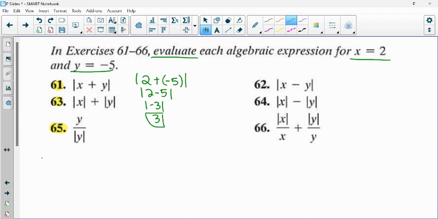I'll do 63 over here. 63 is the absolute value of x plus the absolute value of y. So the absolute value of x is 2, since x is 2. Absolute value of 2 plus the absolute value of -5. So we get 2 plus 5, which is 7.